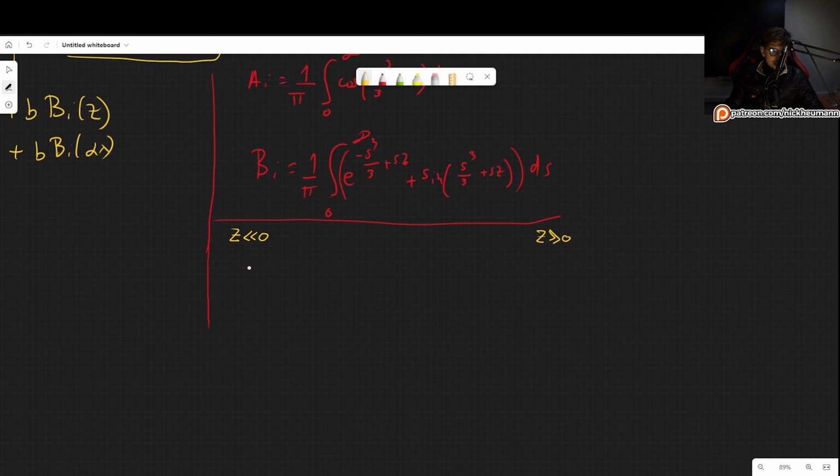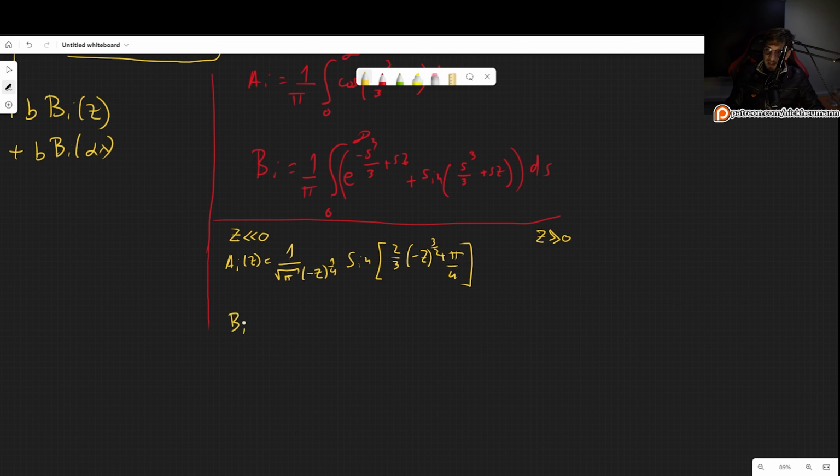In the case where z is much smaller than 0, we have Ai is 1 over square root of pi times (minus z) to the 1/4 power, and then sine of 2/3 (minus z) to the 3/2 plus pi over 4.